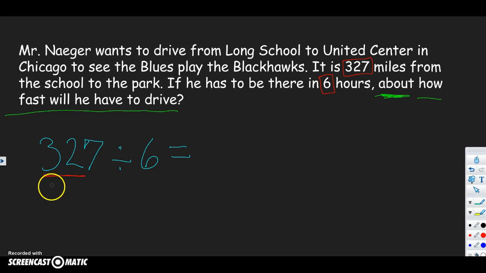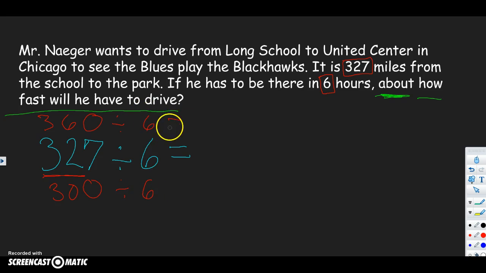Well, that's pretty close. I know that 6 times 6 is 36. That's also pretty close. So 360 is pretty close to 327, and 300 is also pretty close to 327. I would divide those by 6.